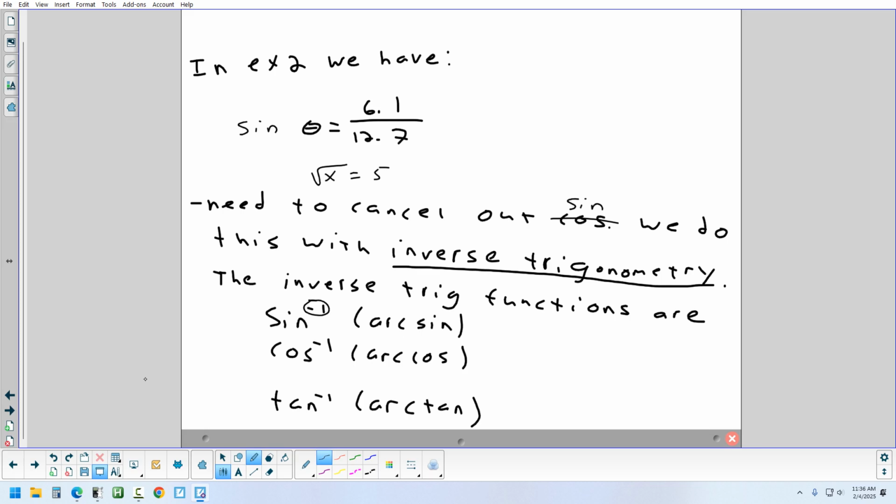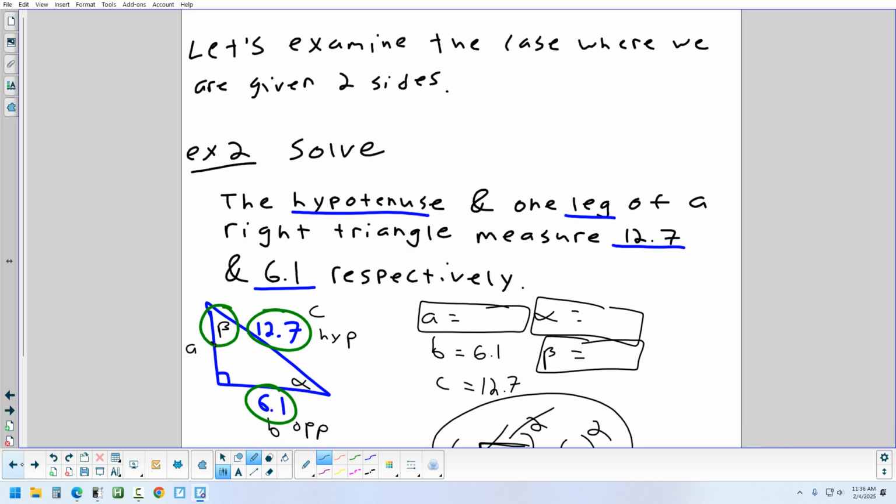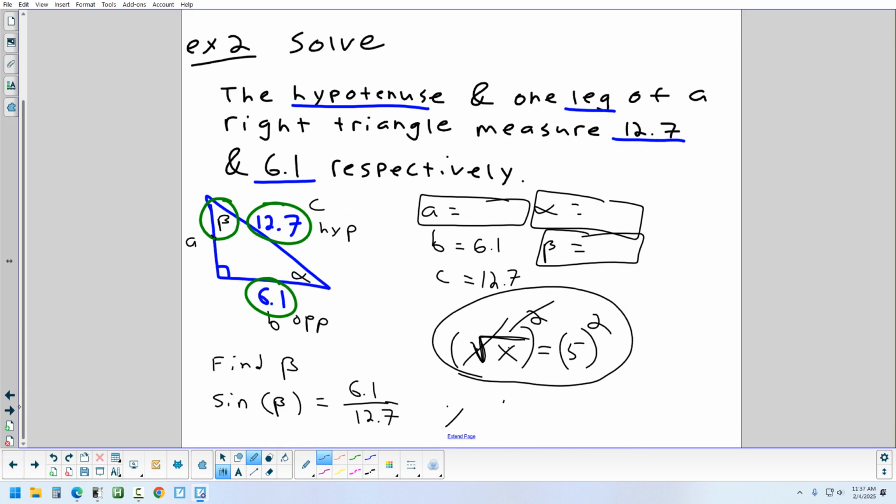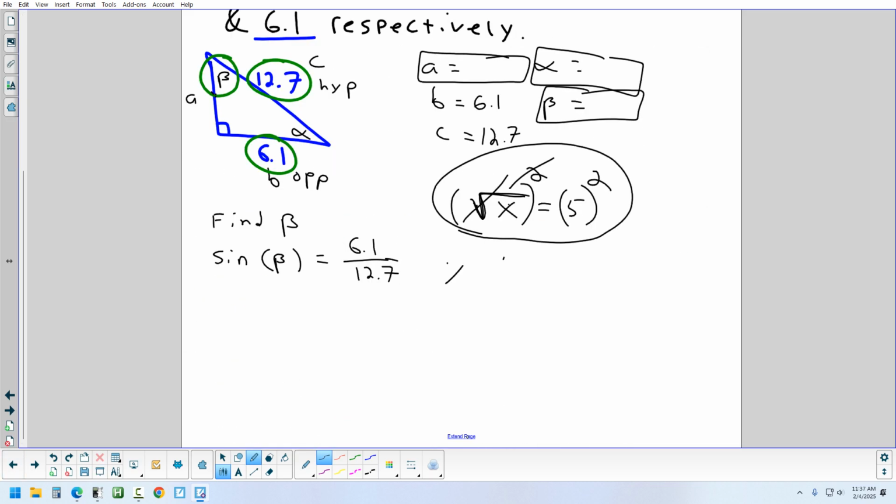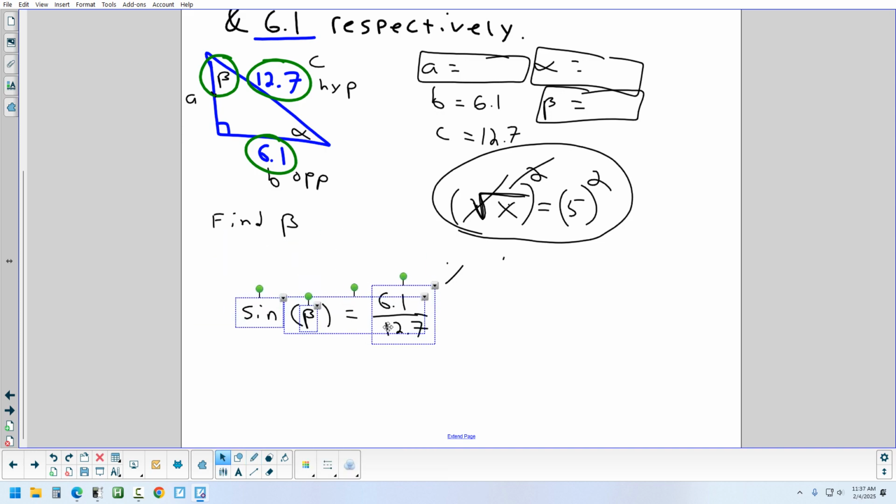Okay, we are trying to cancel sine, so we're going to use inverse sine. And it's kind of important how you say what you're doing. So we're going to take this equation. I'm going to move it so I have a little more space. And remember, I said no amount of adding, subtracting, multiplying, and dividing is going to help.